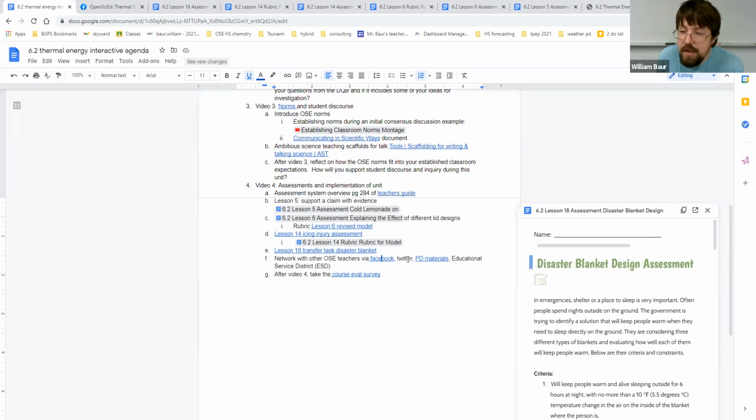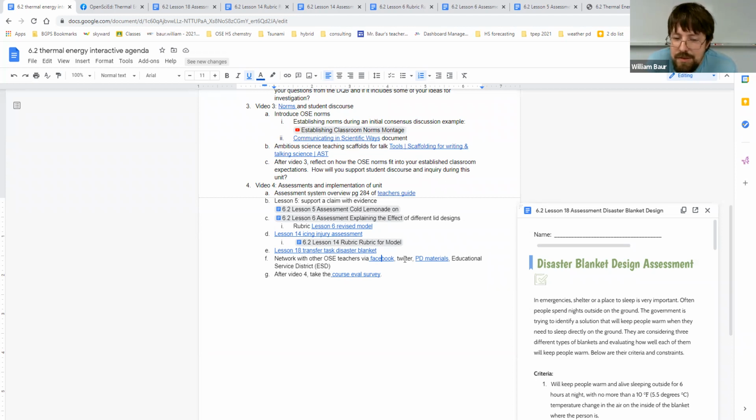So that's one. And then OpenSciEd is pretty active on Twitter. So if you open up Twitter and search for OpenSciEd, you might see examples of teachers posting their driving question boards for this unit, or photos of them doing a lab.